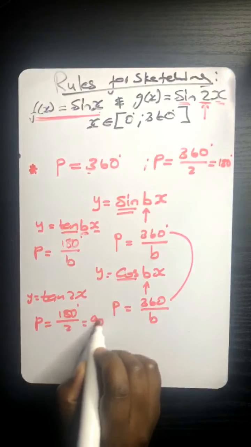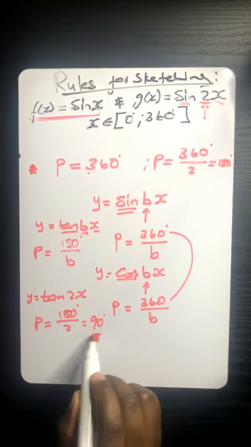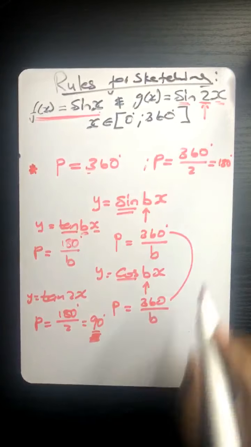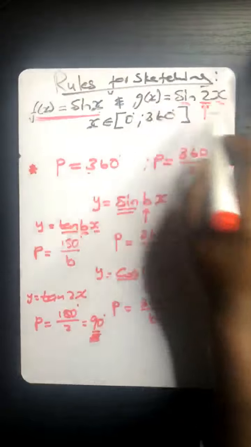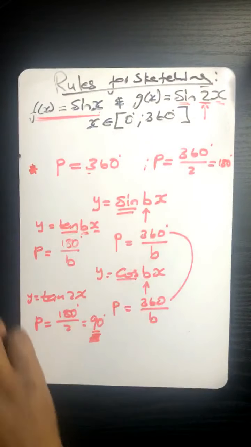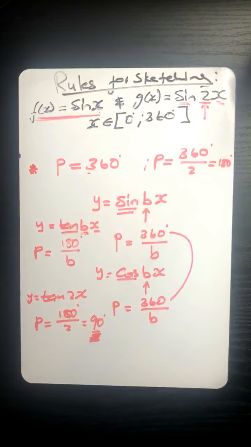What is that? Is it not 90? So that means the graph repeats itself after every interval of 90. For this one, what will the period be? How are we going to calculate the period for sine 2x?